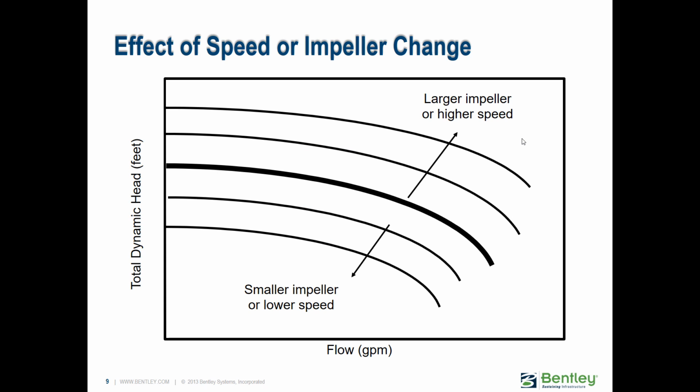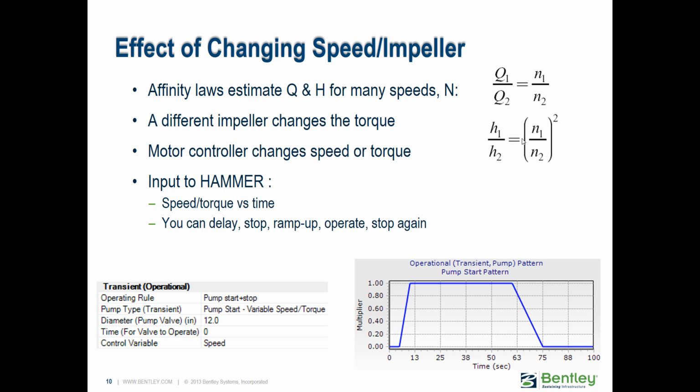So, the effect of speed or impeller change. This is sort of showing you how a pump curve scales up and down as you're changing the speed, and the impact of that, which some of you are probably familiar with. Now there's affinity laws that you're also probably familiar with that estimate the head and flow as you change the speed, and that's used in HAMMER.